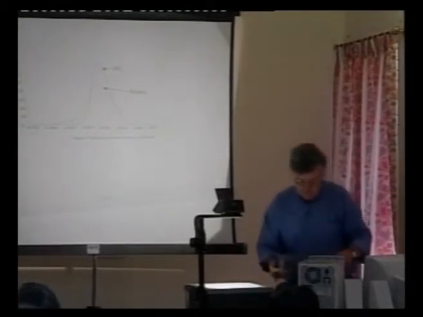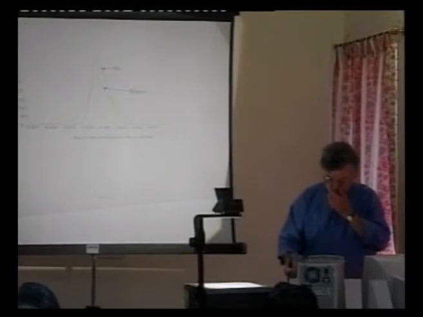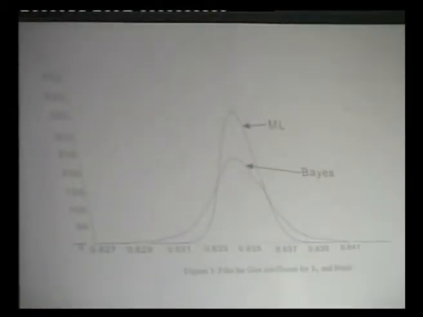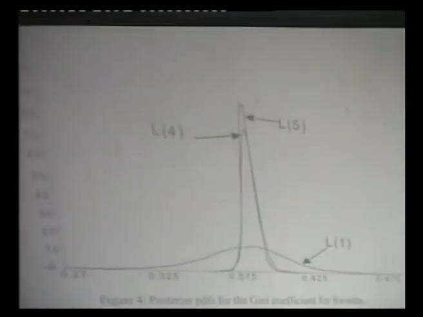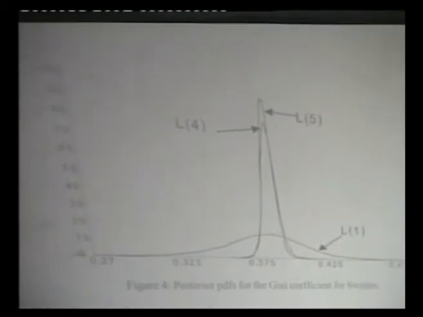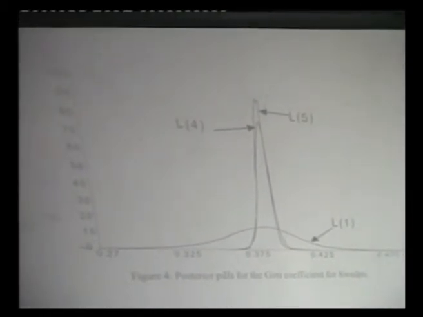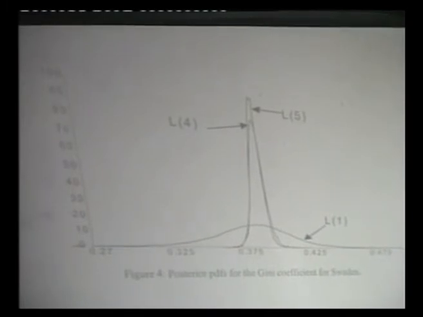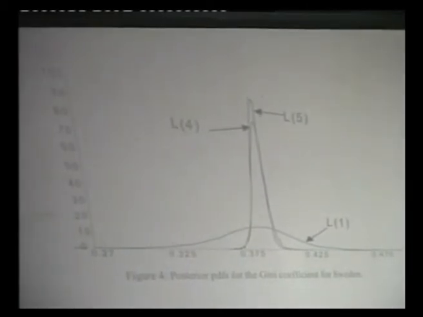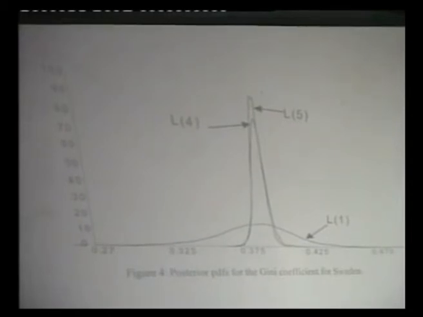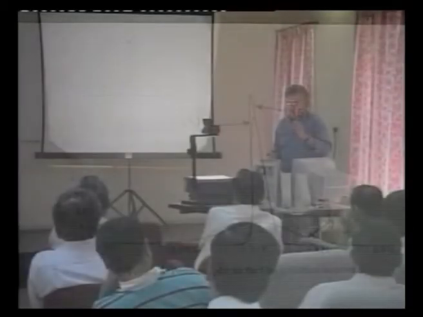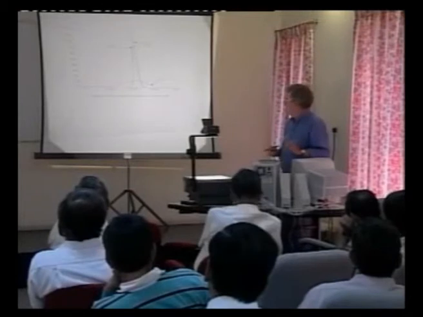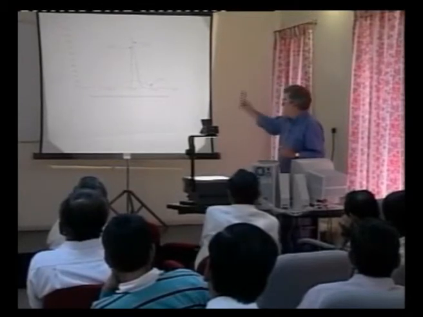Now, one of the other conclusions I made was that the posterior mean for the Gini coefficient was not sensitive to the Lorenz function specification. There was one exception for that in Brazil, but the posterior standard deviation was very sensitive to the Lorenz curve specification, and you can see that there.